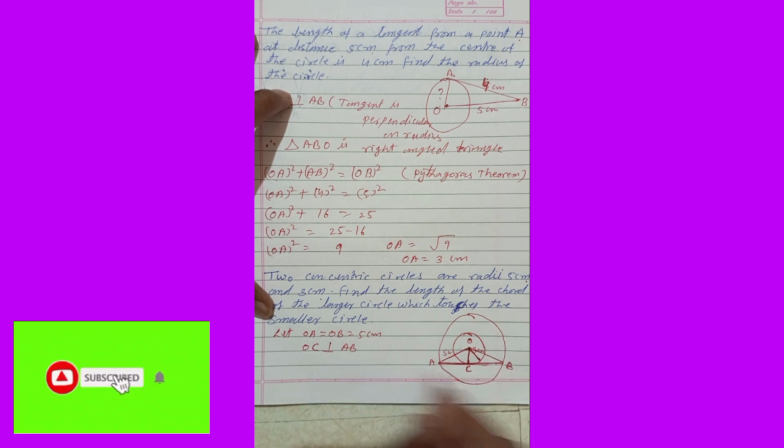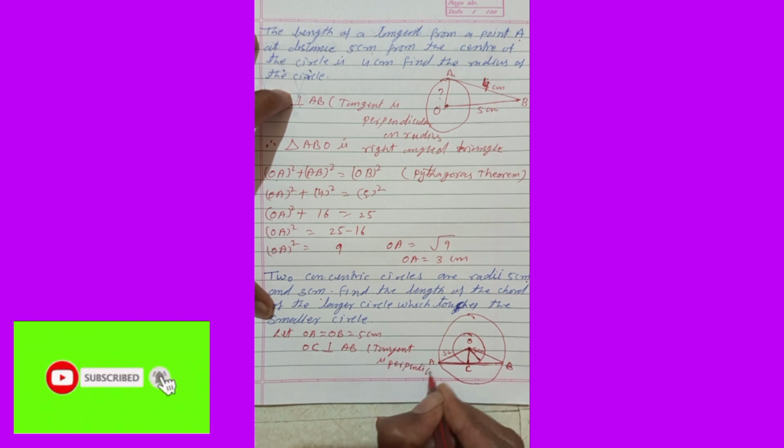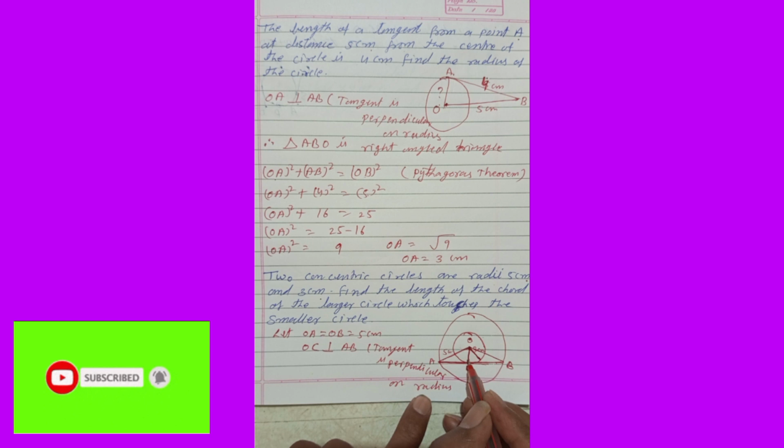Now this becomes a right angle triangle. This angle is a right angle, 90 degree. So this triangle OAC.